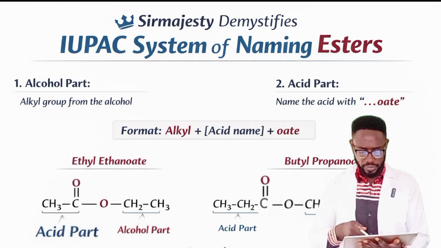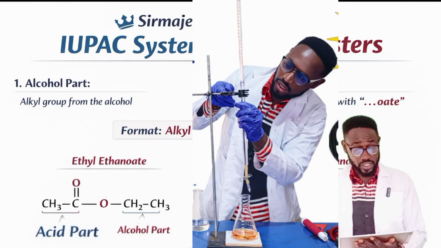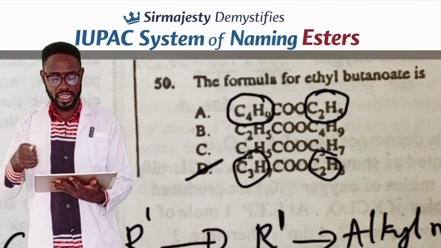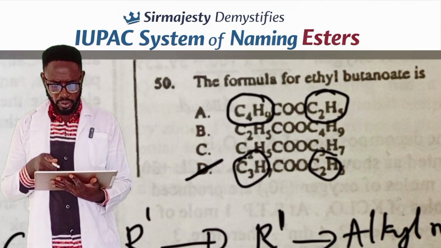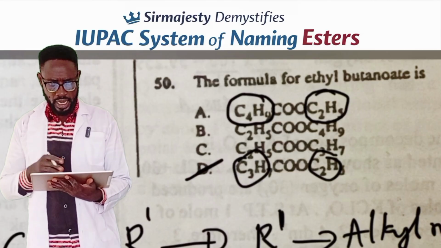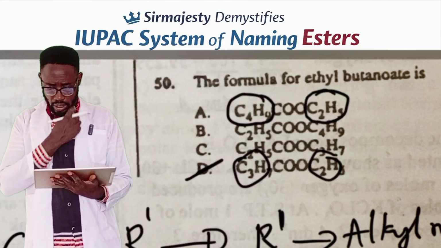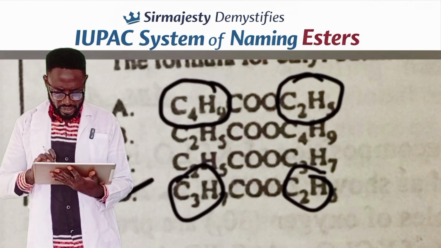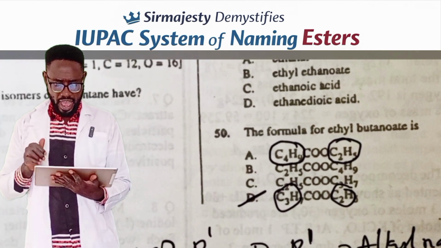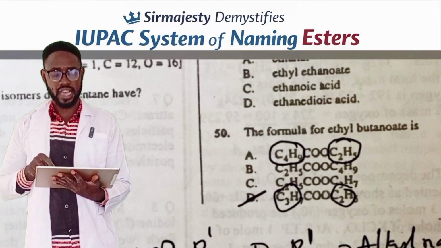So if you see C2 at the last R, you call it ethyl. Option A has C2H5, I'll call it ethyl. Option B has C4H9 as the last one, I'll call it butyl because C4 is but. Option C, the last R is C3H7, I'll call it propyl. And finally, option D, the last R is C2H5.